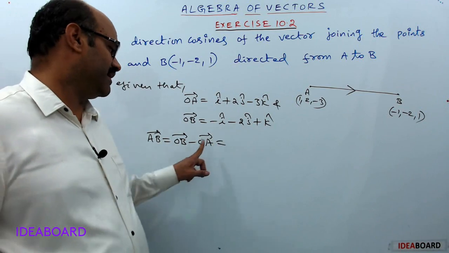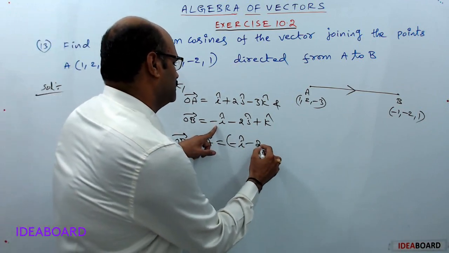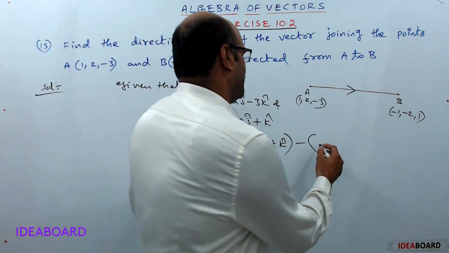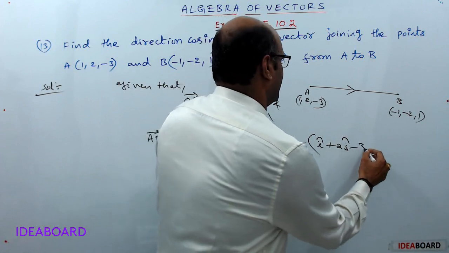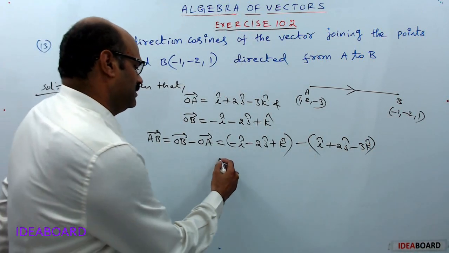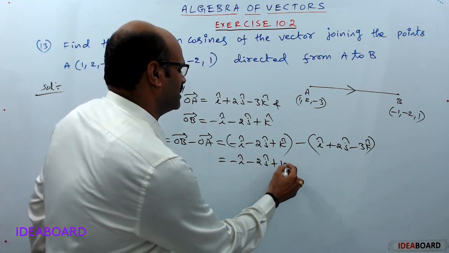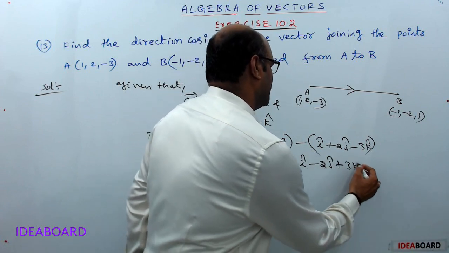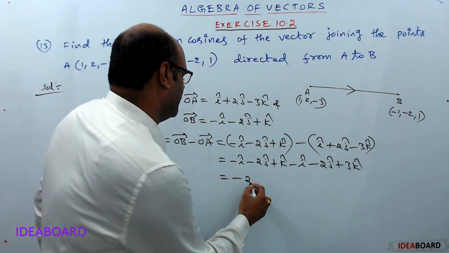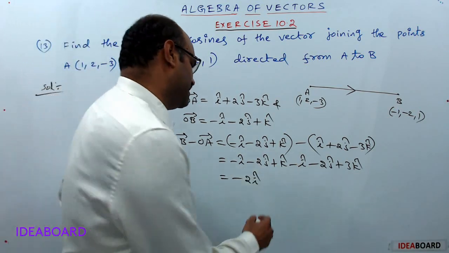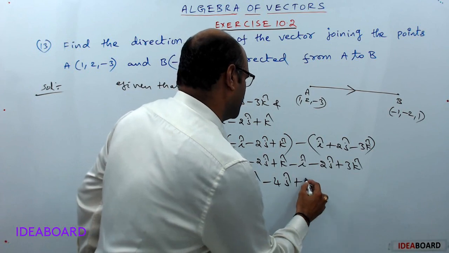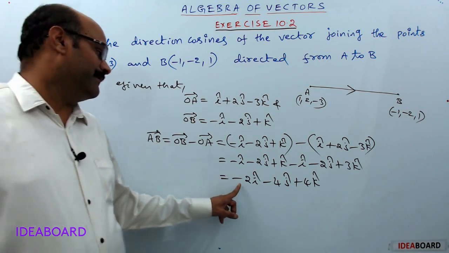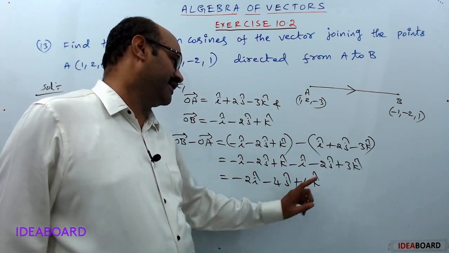Here OB vector is given by minus i cap minus 2j cap plus k cap, minus OA vector, which is i cap plus 2j cap minus 3k cap, equal to minus i cap minus 2j cap plus k cap minus i cap minus 2j cap plus 3k cap, equal to minus 2i cap minus 4j cap plus 4k cap. Therefore, AB vector equals minus 2i cap minus 4j cap plus 4k cap.